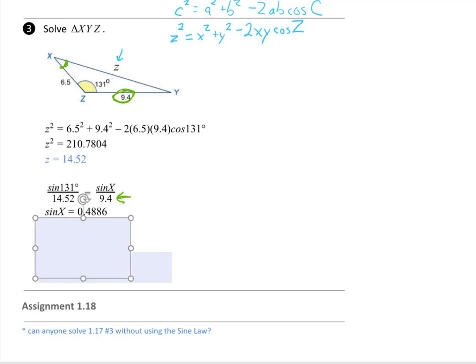So you use your cross multiplication, and you should end up with sine of x equals 0.4886, approximately to 4 decimal places, of course. You do not need to write out this step. I never told you guys that you had to. I rarely do this.